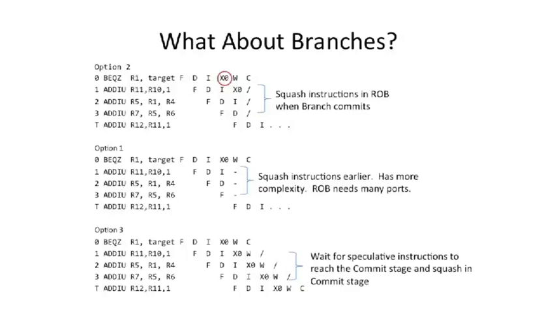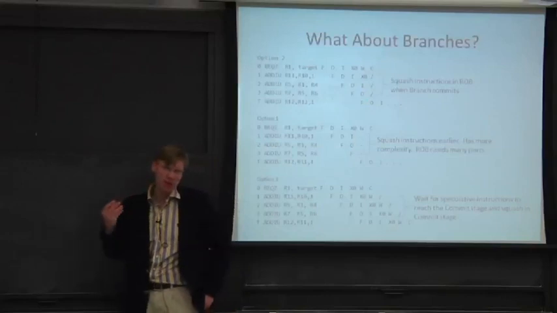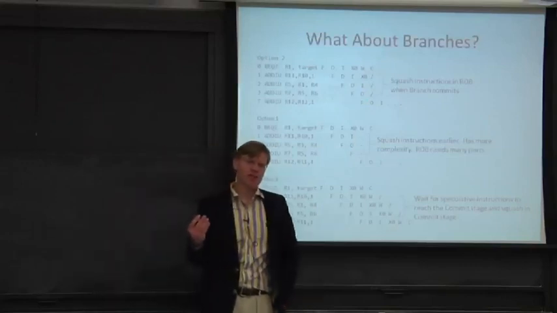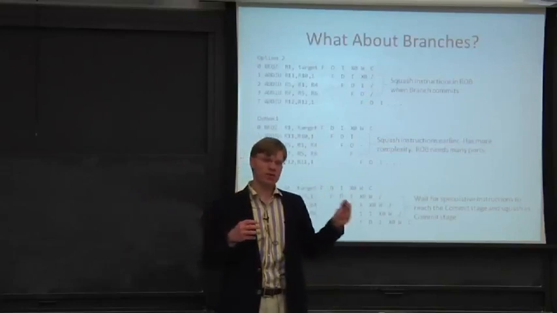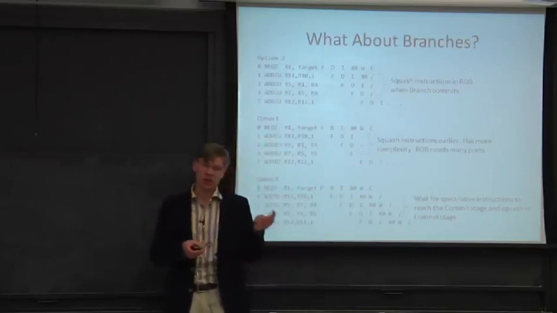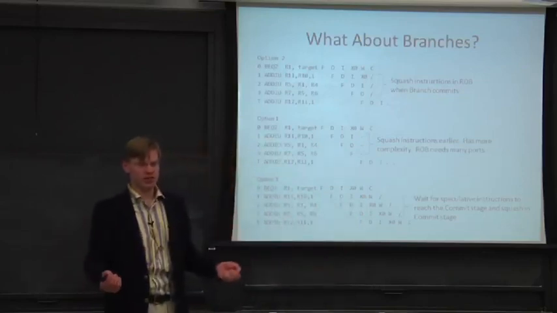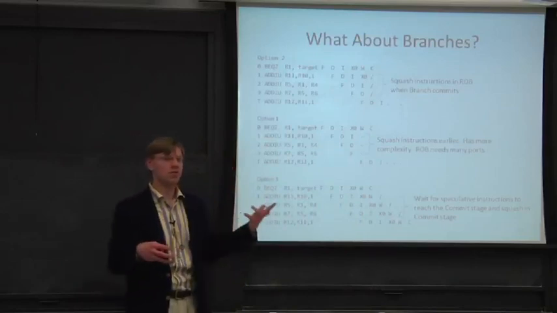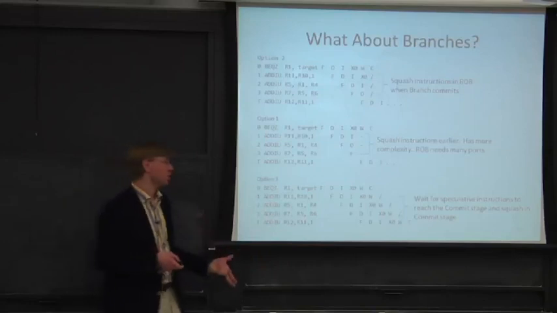But this squash is a little bit odd, because what this really says, from a pipeline perspective, is that you have to invalidate multiple entries in the reorder buffer in one cycle. And this, to some extent, is a structural hazard on the reorder buffer. You might need many ports into that reorder buffer, or you need to at least keep the valid bits in some other extremely highly ported structure.